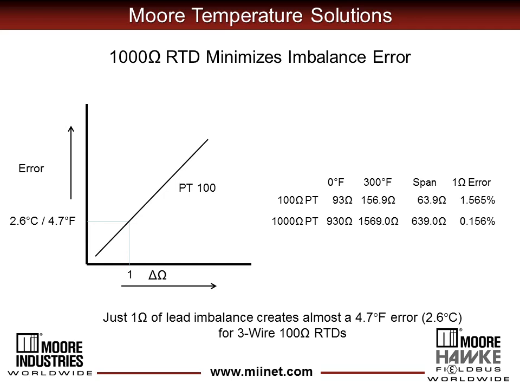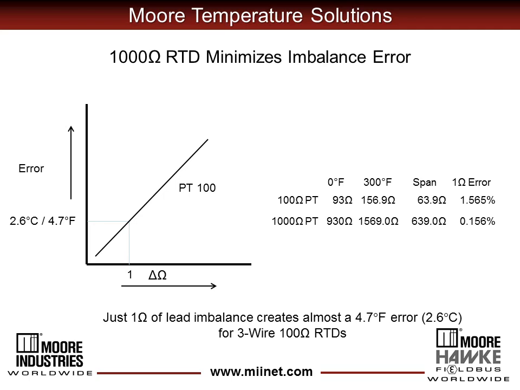We saw earlier that 1 ohm of resistance imbalance in the current carrying legs produces more than 4.5 degrees error when you're using 100 ohm platinum. If you switch to 1,000 ohm platinum, that same 1 ohm of imbalance reduces the error by 1/10.